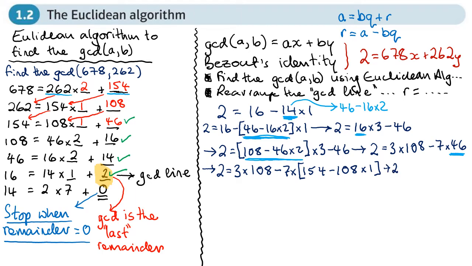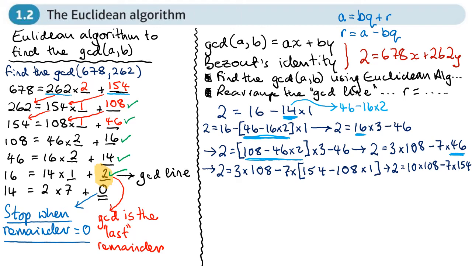So that will give us 2 equals 10 times 108 minus 7 times 154. And we go back a step. We're now going to this one, we're going to replace the 108.